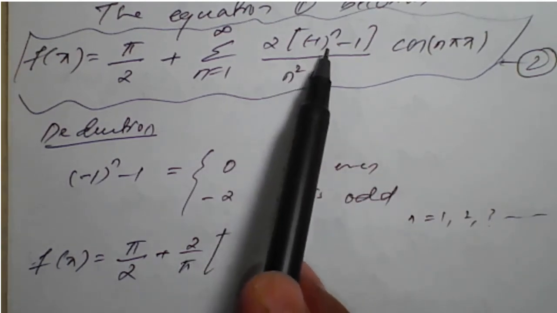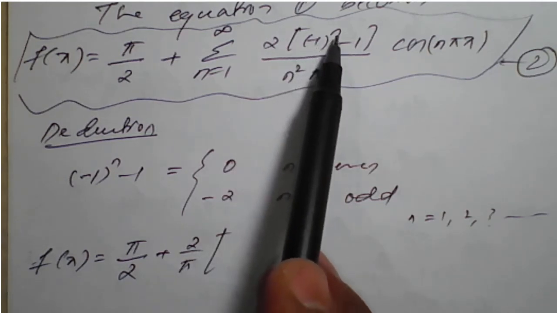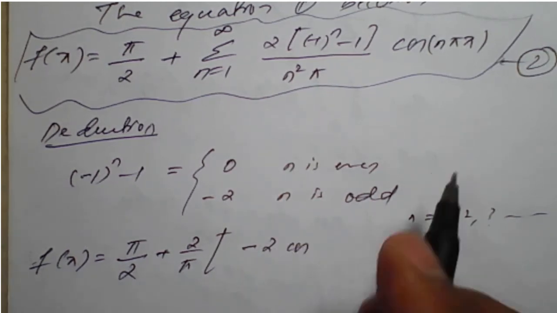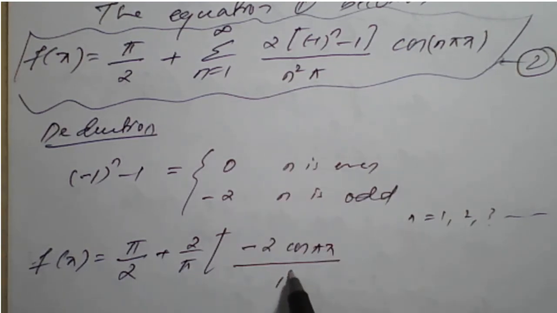If you put n = 1, this 2/π already out, n = 1 means 1 is an odd number, so we'll get -2 in the numerator, divided into cos(πx) divided by 1².